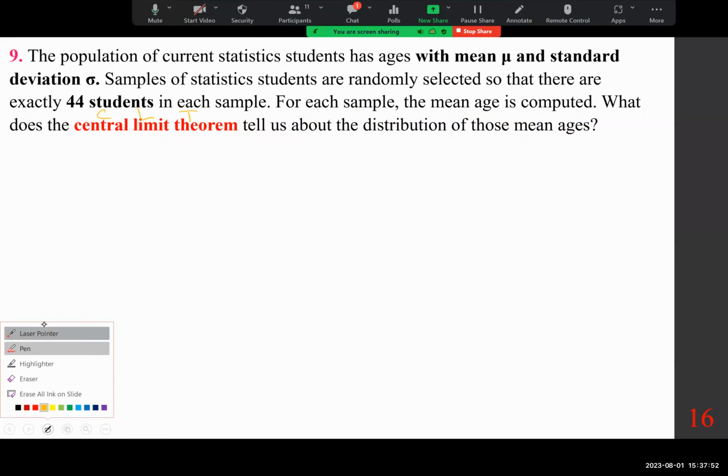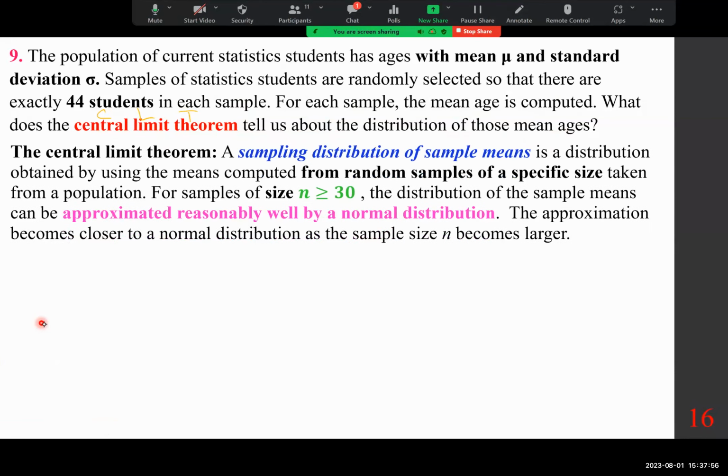Central limit theorem. Well, first let's discuss the central limit theorem. Anybody want to read the CLT for us? Okay. The central limit theorem: a sampling distribution of sample means is a distribution obtained by using the means computed from random samples of a specific size taken from a population.